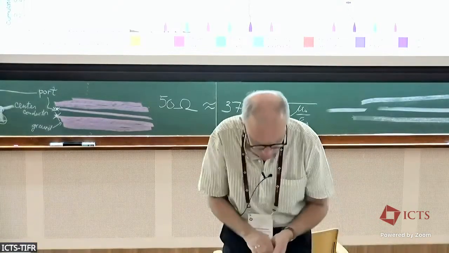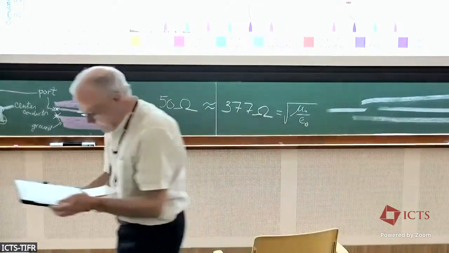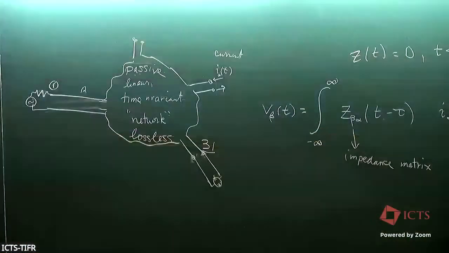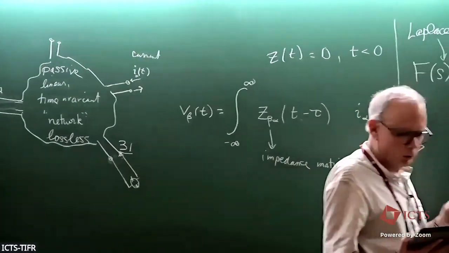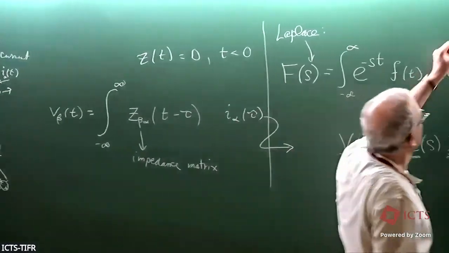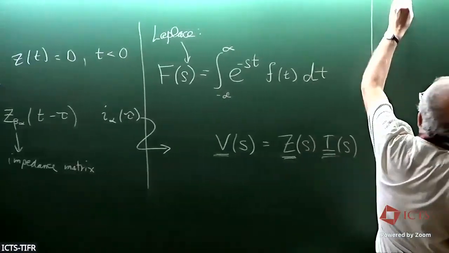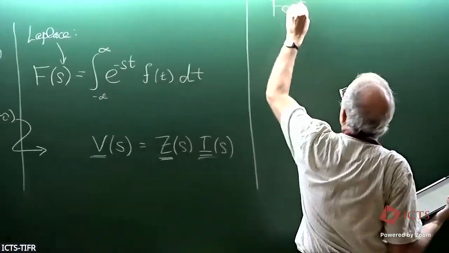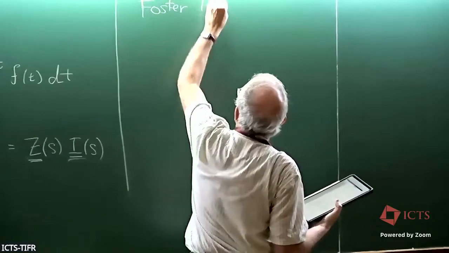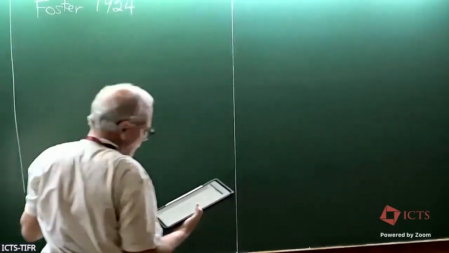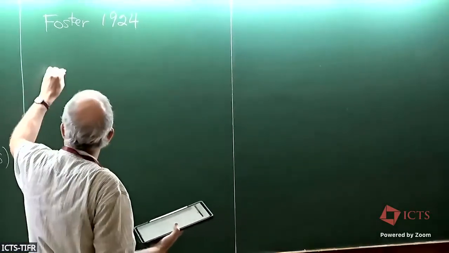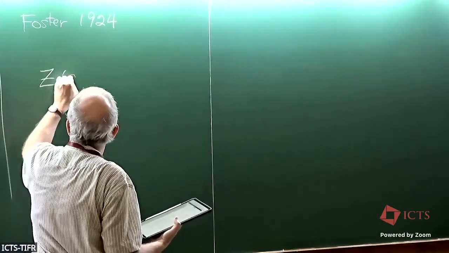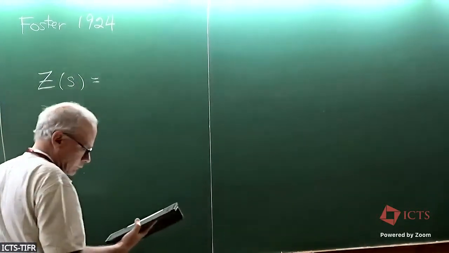Right, now here's a good equation. It was learned in the scalar version of this, that is, if you just have one port, this is a theorem of Foster, 1924. And it says that under the conditions I've stated, Z of S must have the following form.